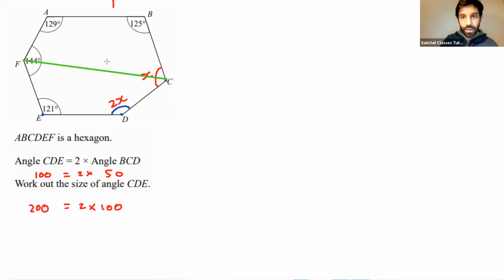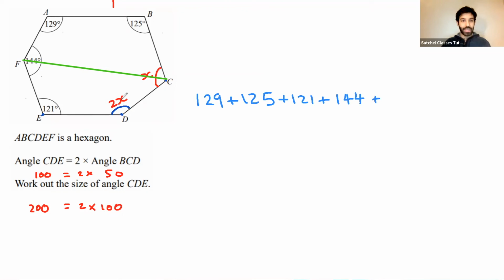So the sum of 129 plus 125 plus 121 plus 144 plus x plus 2x, so we have 3x, is going to give us 720 degrees.